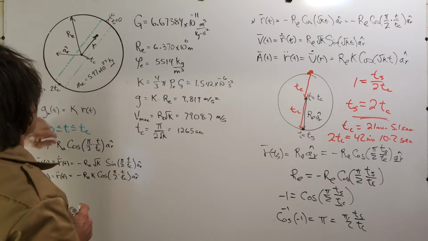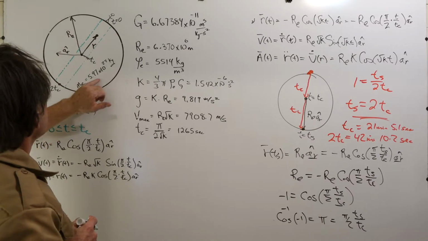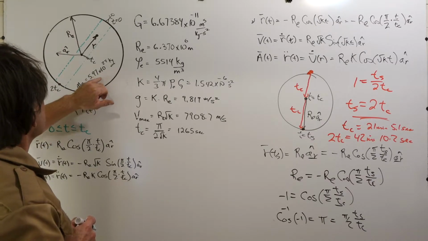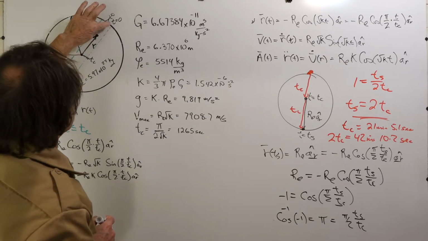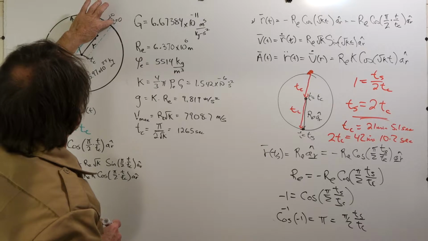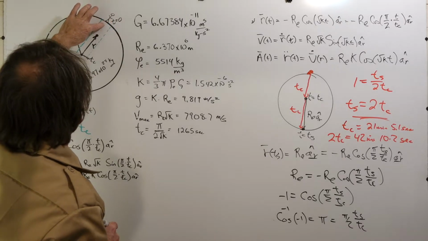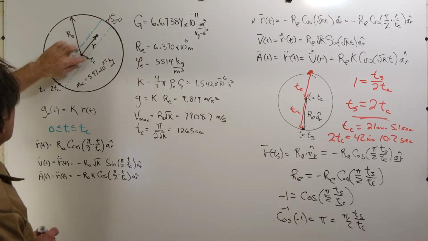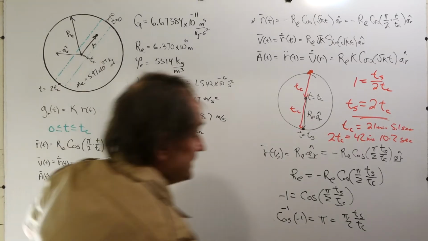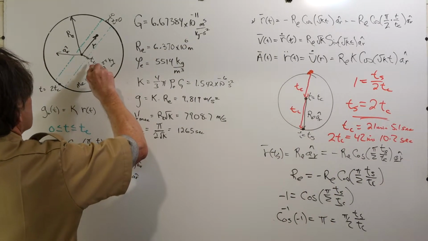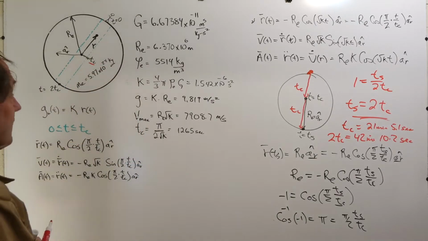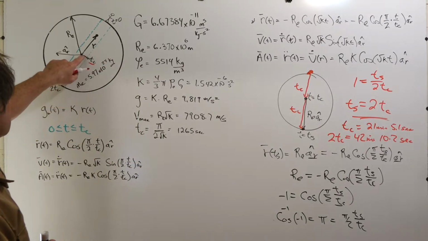We have the radius of the Earth. Mass of the Earth is almost 6 times 10 to the 24th kilograms. And we're starting here at the surface, and we step into the hole at time equals 0. And we travel down to the center of the Earth. It takes t_c seconds to do that, which we figured out to be a little over 21 minutes to get there.